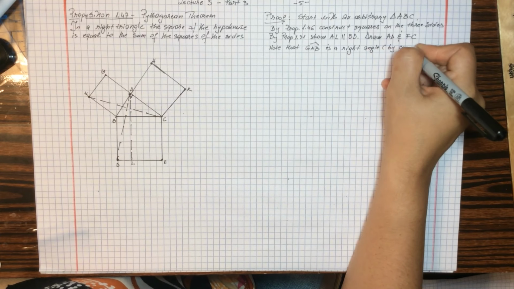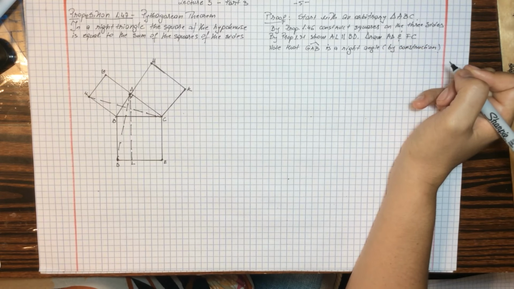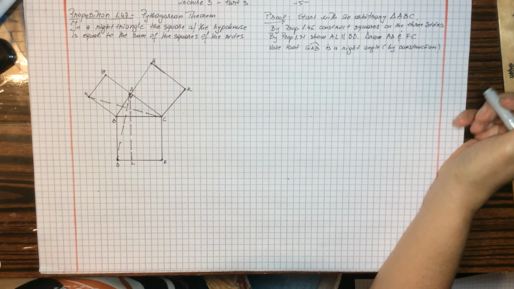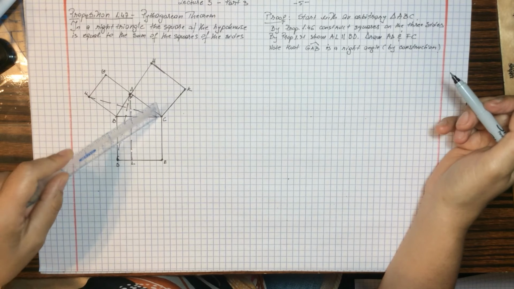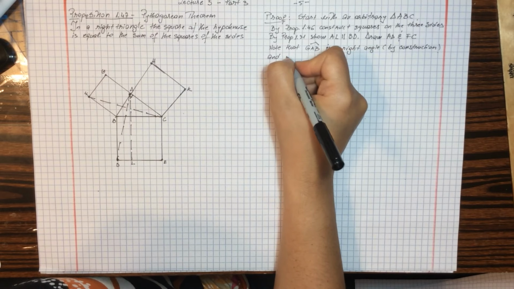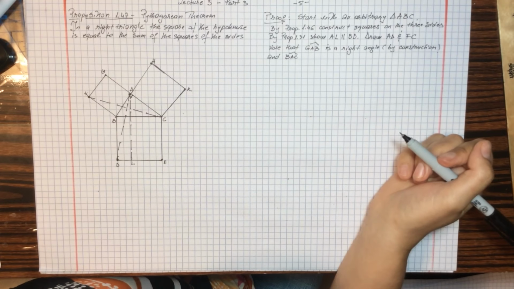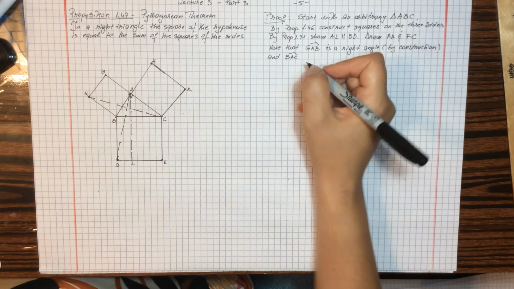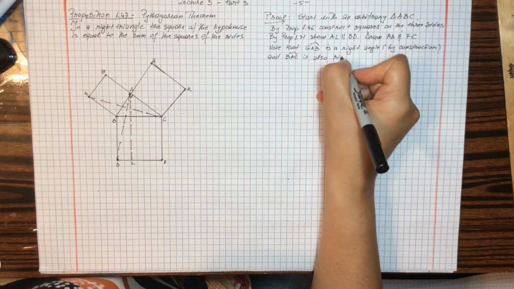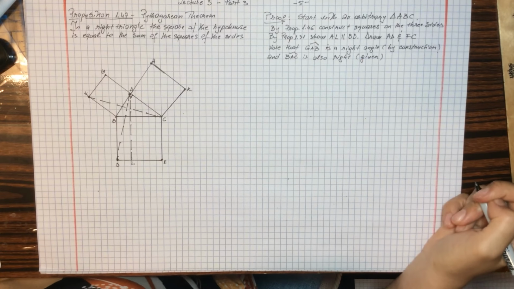And also BAC is right. That's also given. Angle BAC is also right because we have a right triangle at A. This is given.